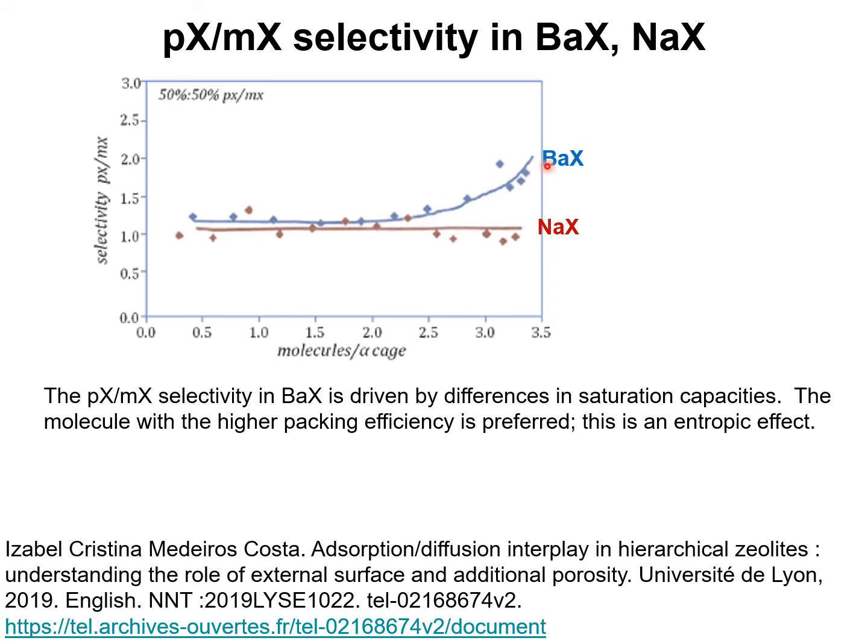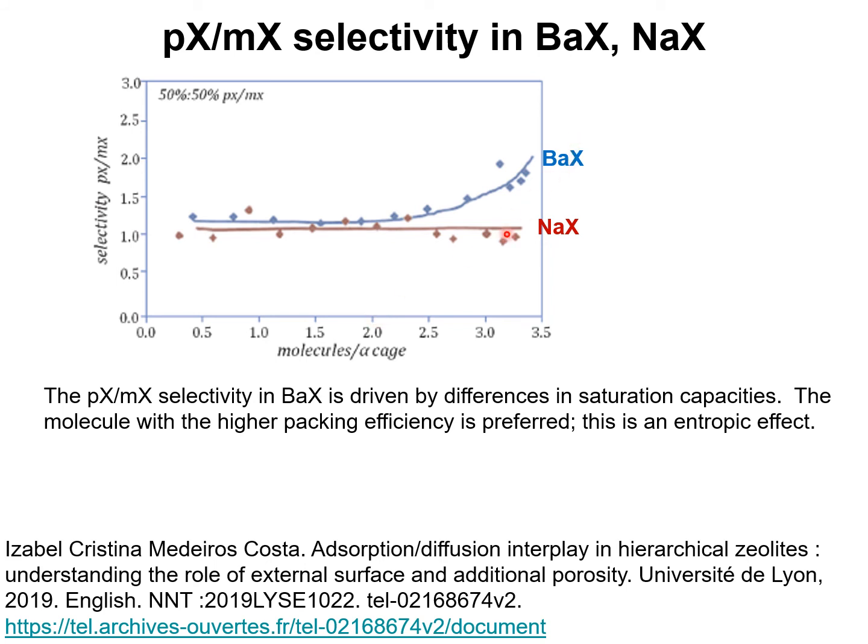Blue represents barium X and the red symbols represent sodium X. For both these cation exchanged zeolites, the PX to MX selectivity is the same up to a loading of 2 molecules per alpha cage.